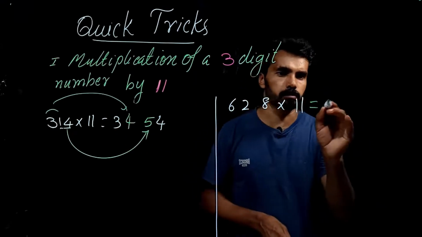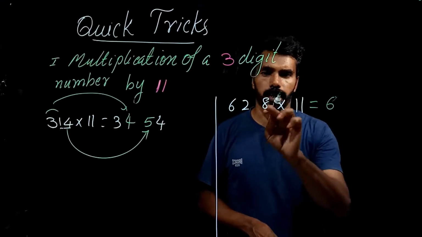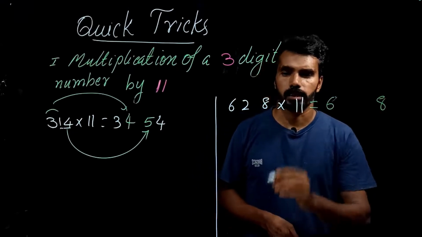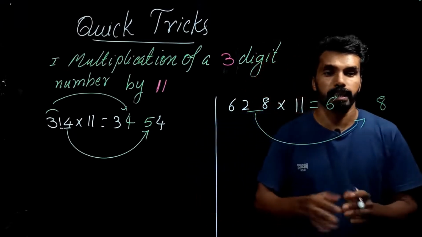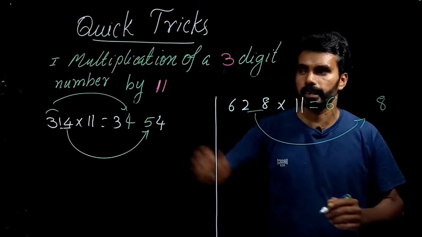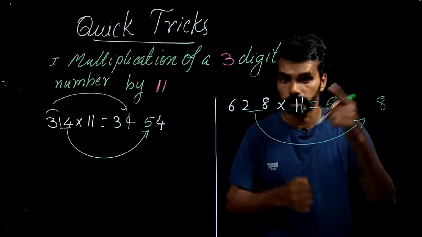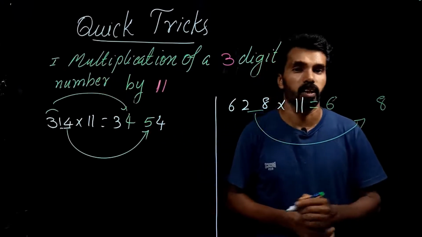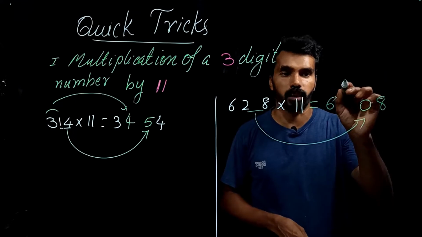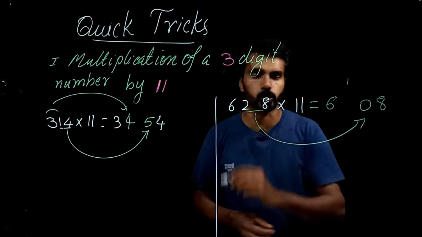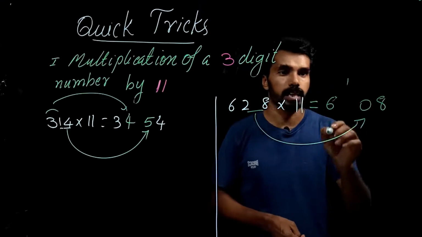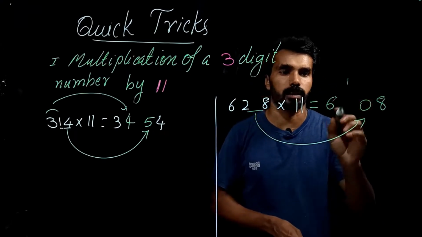Here, the same 6, then end with 8, then add 2 plus 8, that is 10. Don't write 10. As we have seen in the case of 2 digits, instead of writing 10 we write the 0, and the carry figure is 1. Then 6 plus 2 is 8, and that 8 plus this 1 is 9.